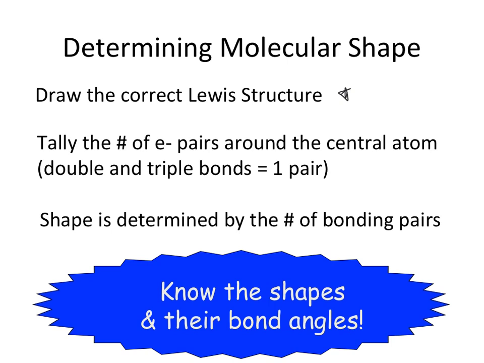And then we compare the number of bonding pairs to the number of non-bonding pairs, or lone pairs, and subsequently decide on the shape. The shape dictates what type of bond angles you have, and a slew of other things. So you guys are going to need to know the shapes and their bond angles, but we're going to look at how we go about getting each of these.